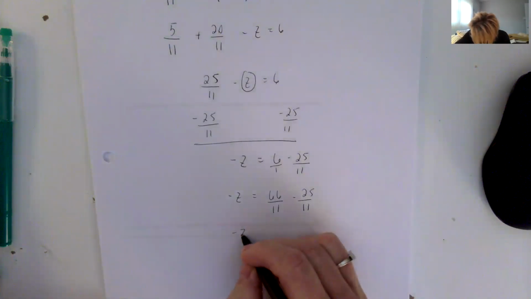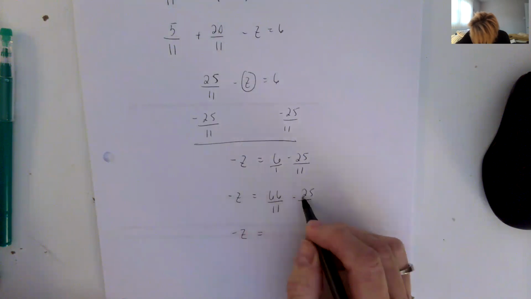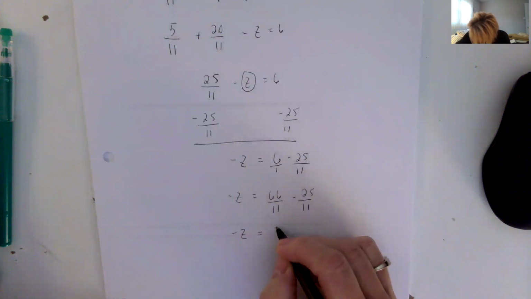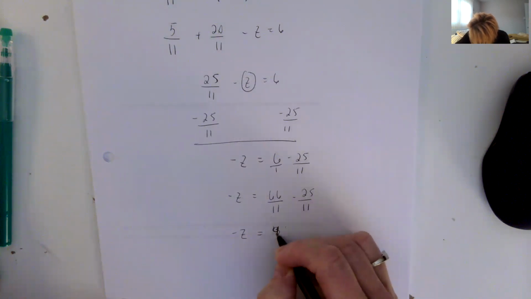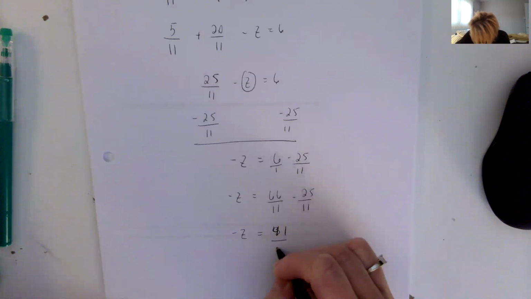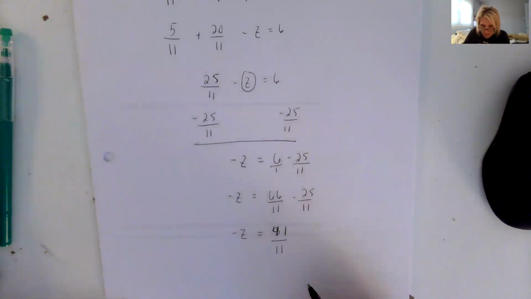So a negative z equals 66 minus 25, which is 41, so 41/11.